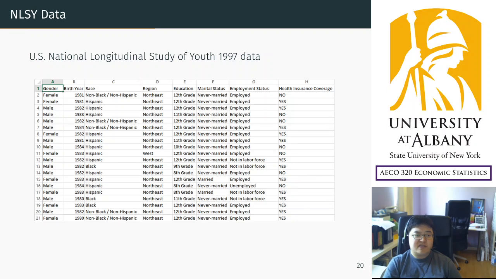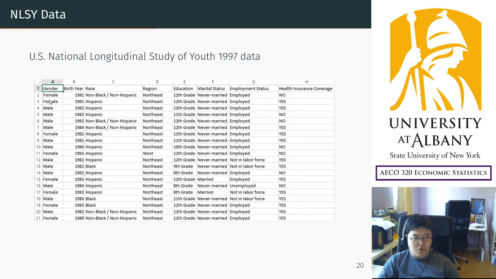The source of this data set is NLSY. It stands for U.S. National Longitudinal Study of Youth 1997. In this spreadsheet, there are many variables. It is easy to understand, like gender, female or male, birth year, race, region of residence, education, marital status, employment status, health insurance coverage.